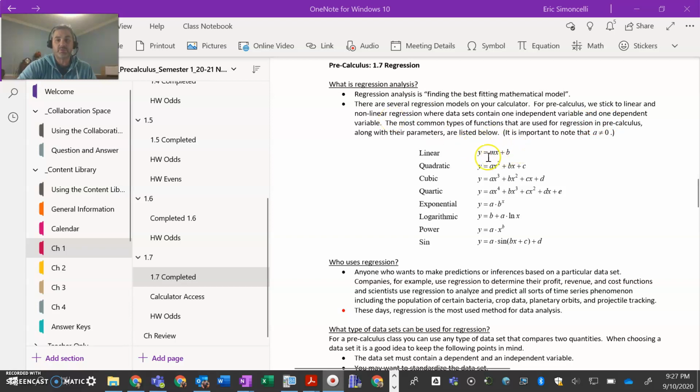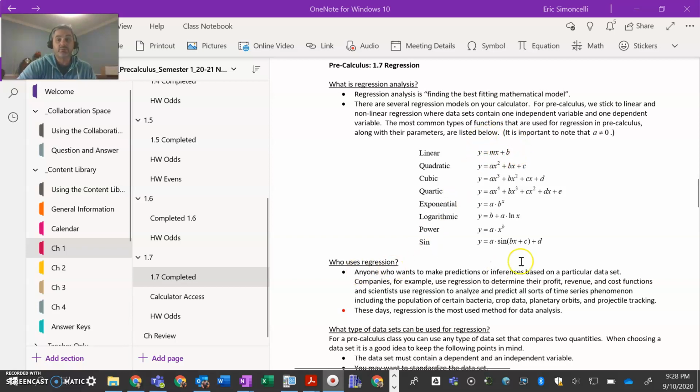So y equals mx plus b, y equals ax squared plus bx plus c, and so on. So linear, quadratic, cubic, quartic, exponential, logarithmic, power, and the sine function as well. These are the functions on your calculator that are more common to pre-calculus classes, and your calculator can give you a nice equation using all the data points.